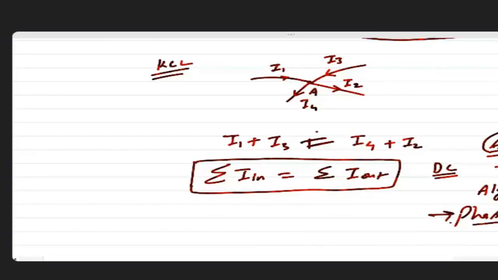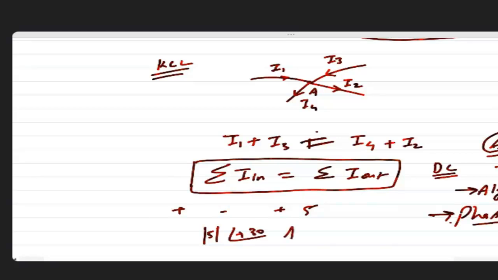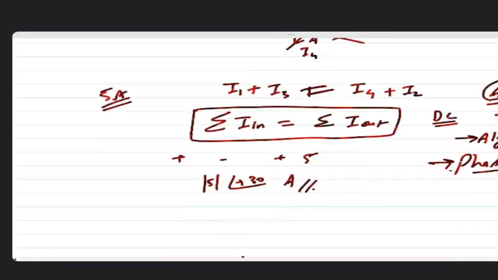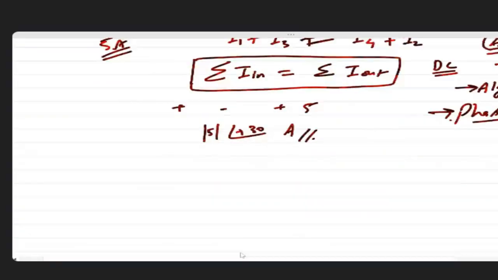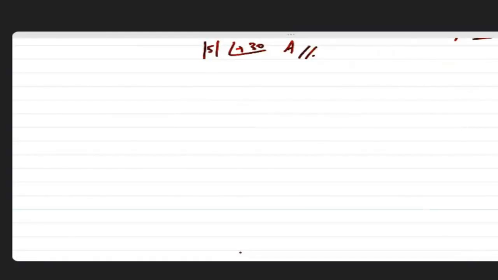Since for now we are discussing DC, you have to use algebraic sum. Algebraic is very simple, plus minus, but for phasor you have to write magnitude and angle. Let's say 5 at angle 30. This is the current for AC, and for DC only 5 ampere. So KCL, KVL, nodal, and mesh, these four are the basic pillars for solving any simple electrical network.